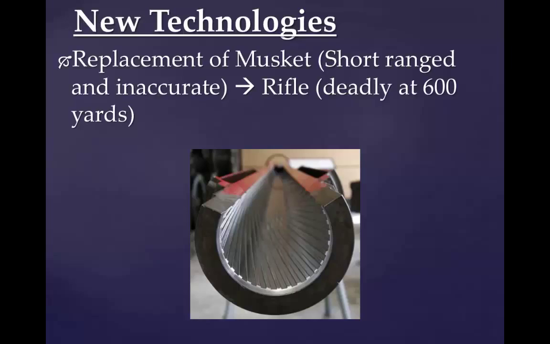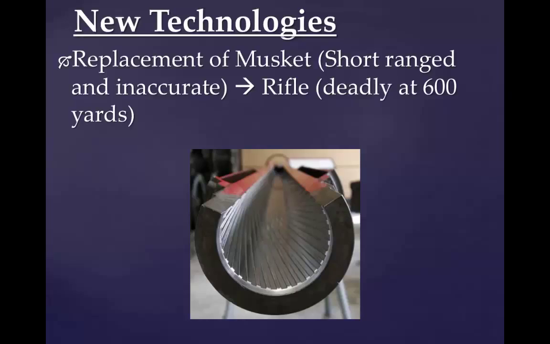The rifle is going to change that completely. As you can see in here, you can actually see the rifling of the barrel, and why that's so important is that it would actually spin the bullet. The bullet in spinning would allow it to travel significantly farther and significantly more accurately.